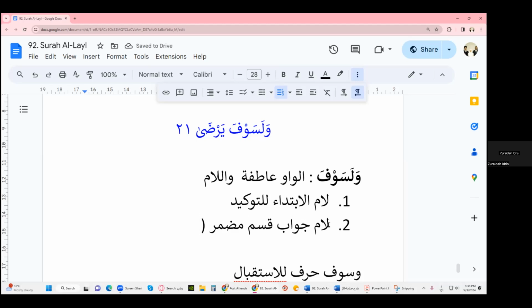It can be mahdhuf, and then it could be muqaddar, estimated. Sometimes there's mustatir, but mustatir I like to reserve for our dummies. It's easier to do it that way.